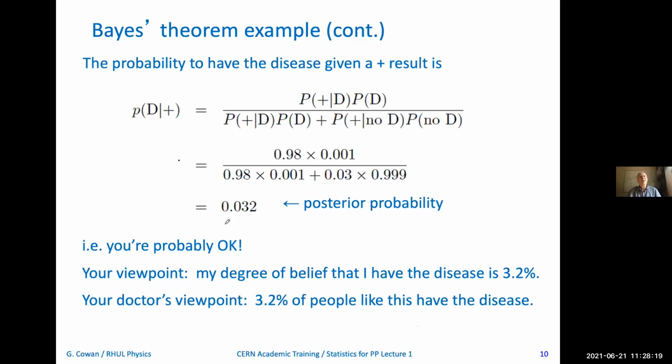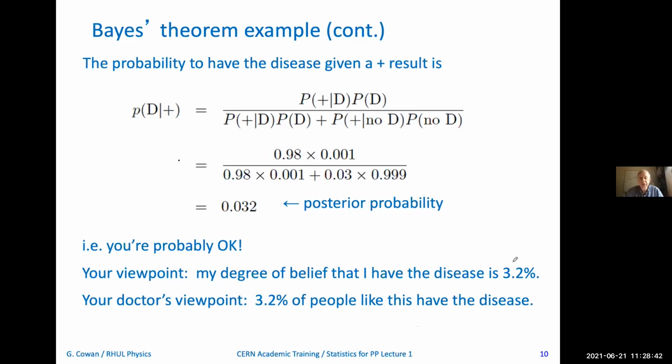Now, one of the things that's quite interesting about this example, other than the surprising result, is that we don't have to insist necessarily on the interpretation of probability in order to do this calculation. Bayes' theorem has to hold no matter what. So you might say, well, subjectively, I want to use subjective probability to evaluate my degree of belief that I have the disease.